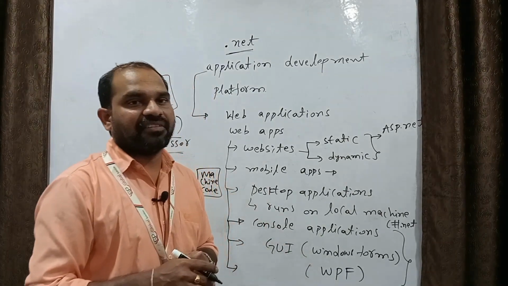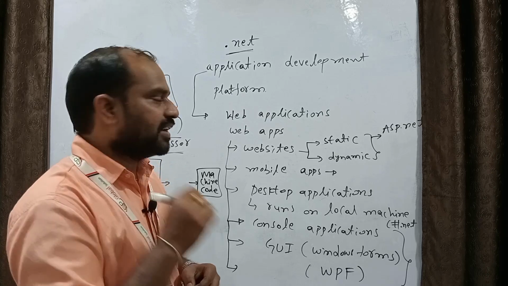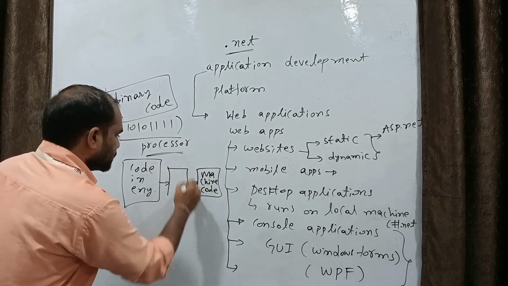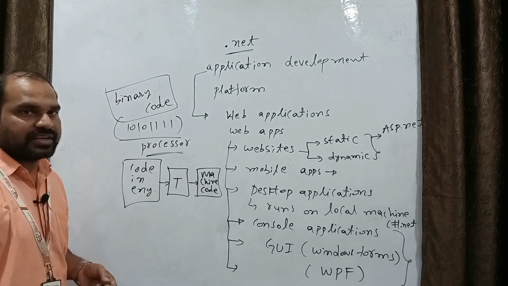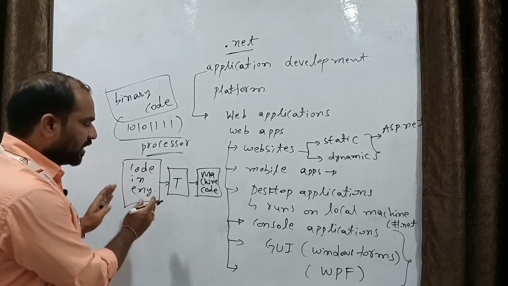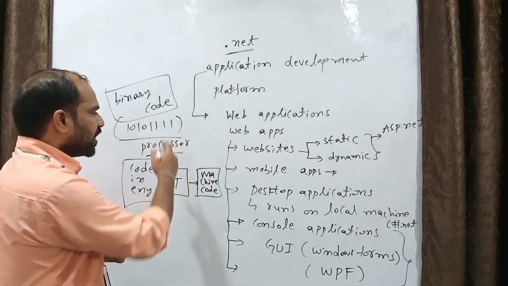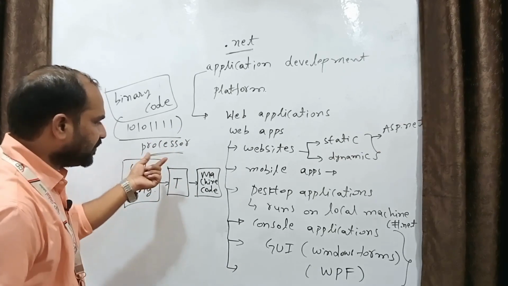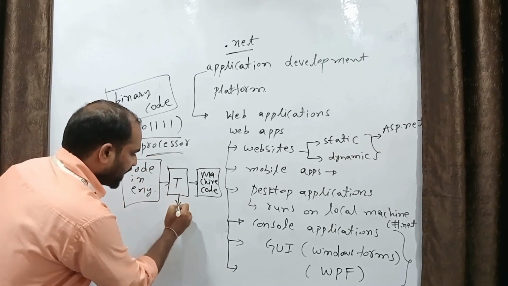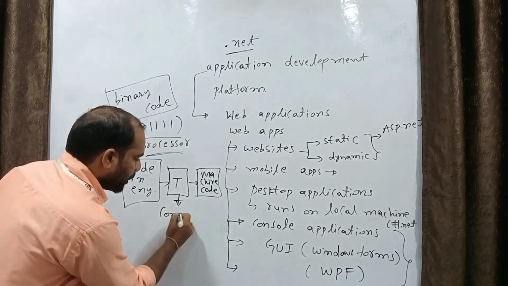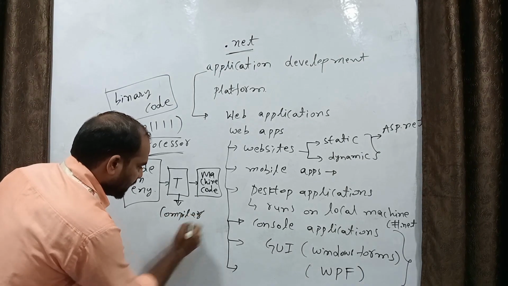Every programming language has a translator built in. This translator will convert our English-written code into binary code, which can be understood by the processor, and thereby the processor executes your program. So what kinds of translators are there? Two kinds: compiler and interpreter.